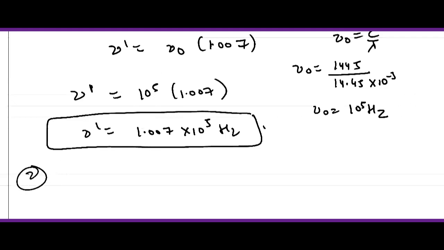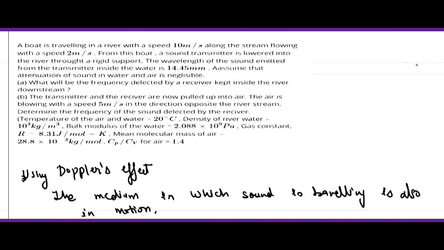Now in the second part, they have told us that the transmitter and the receiver are now pulled up into the air. They have told us that the air is blowing with a speed of 5 meters per second opposite to the river stream. And for this, we have to find the changed frequency. So, for this case, let us again calculate the velocity of sound, because here the medium is changed.